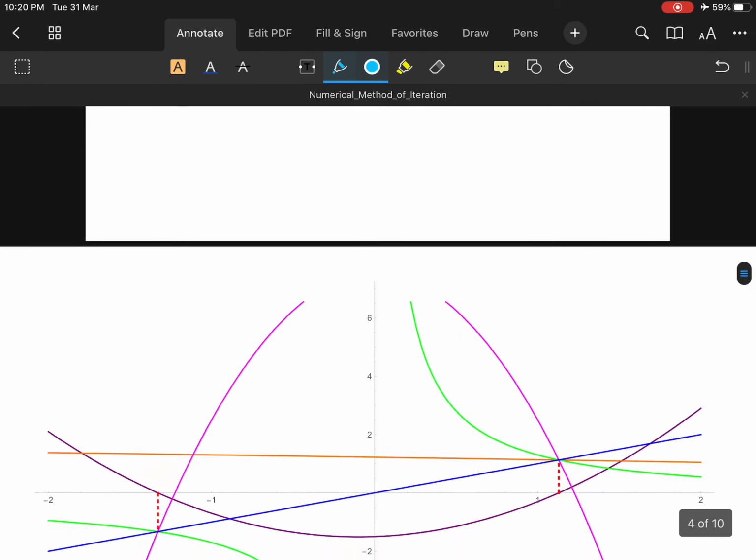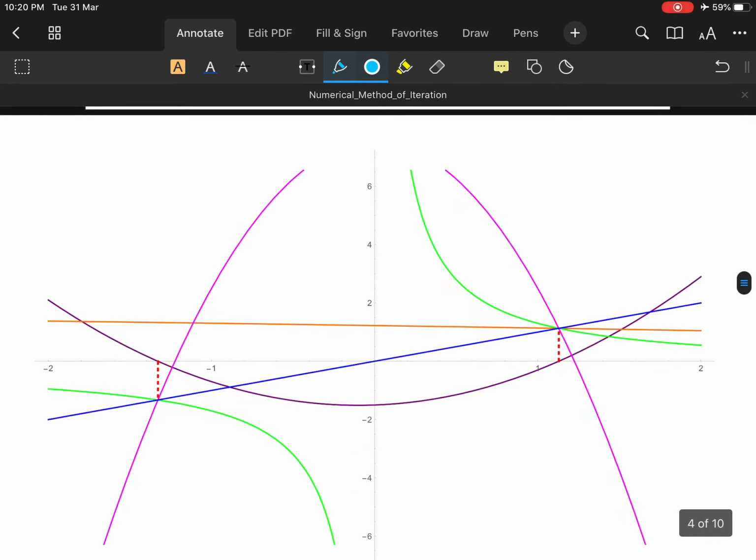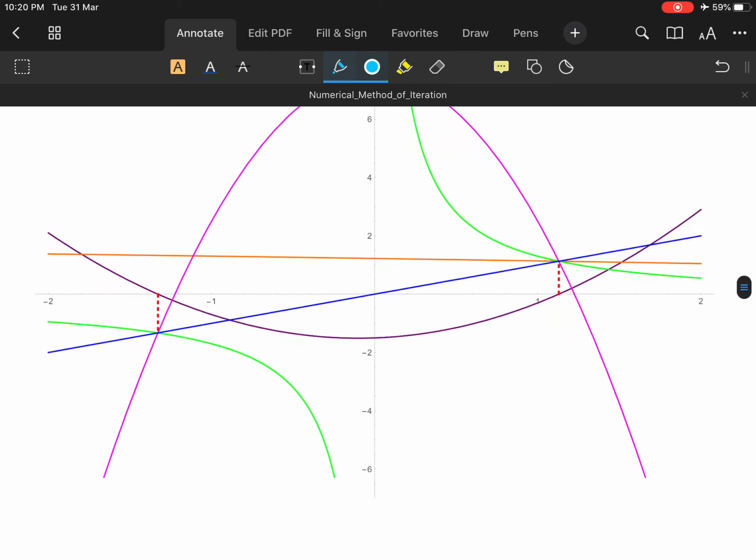I have prepared this graph. If you look, there are so many graphs here. This is the original graph, f(x) equals x square plus 0.2x minus 1.5, this particular purple one. Then this one is g(x) equals x.